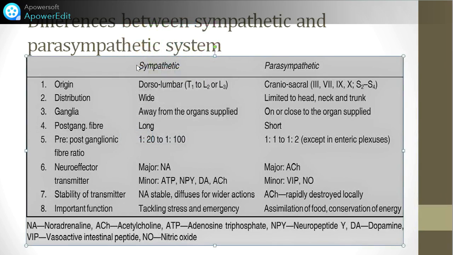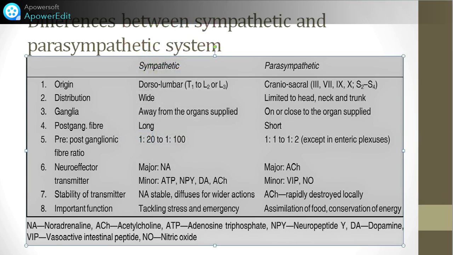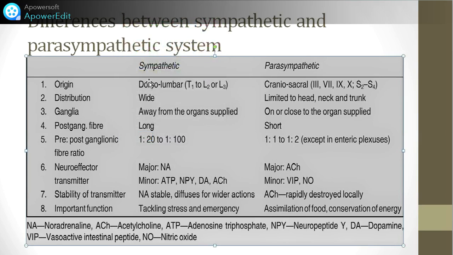Sympathetic system originates from thoracolumbar portion. So the fibers of sympathetic system originate from thoracic and lumbar spinal cord. Therefore, it is also called as thoracolumbar.